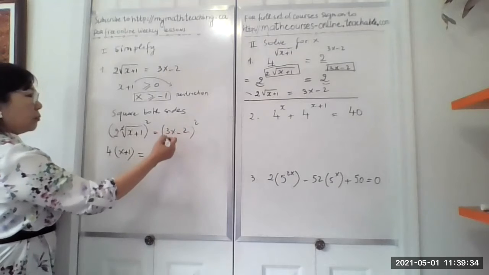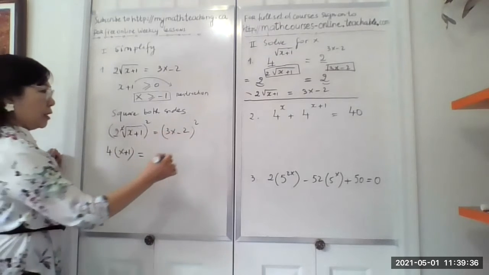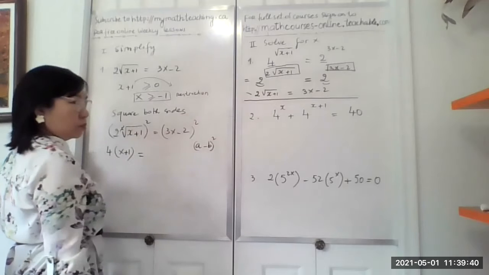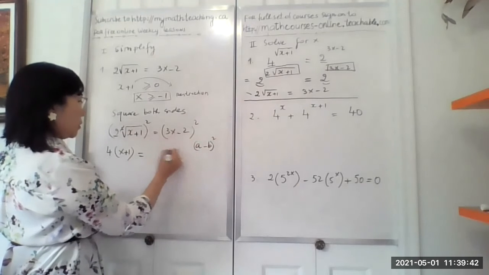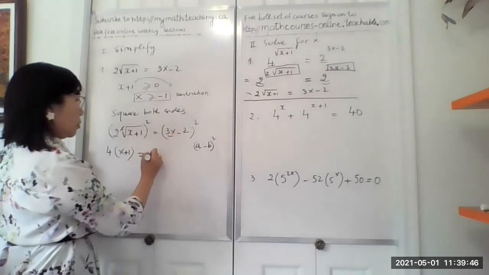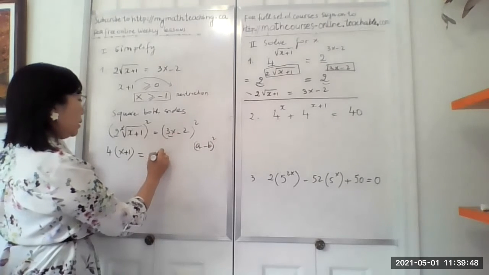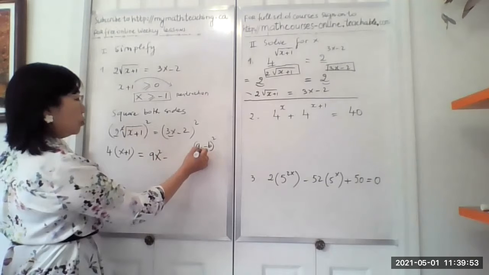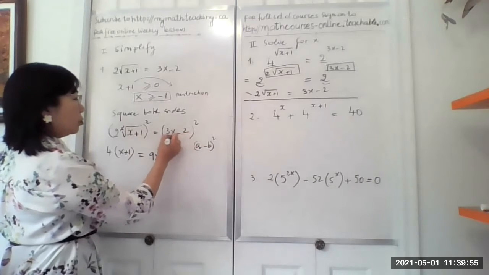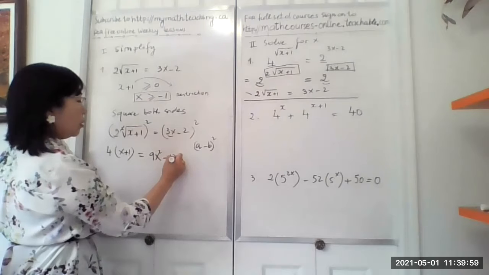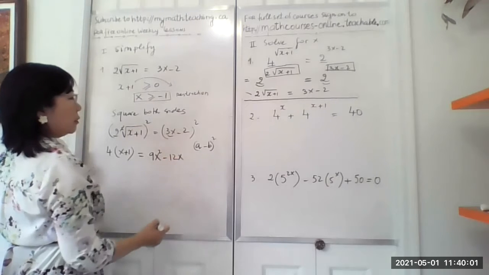This one, we have to use the formula, right? Because this is the same as a minus b to the power 2. So the formula says it will be equal a square, which is this number squared. So it will become 9x squared, minus 2 times a times b. 2 times a times b is 2 times 2 is 4. 4 times 3 is 12. 12x.